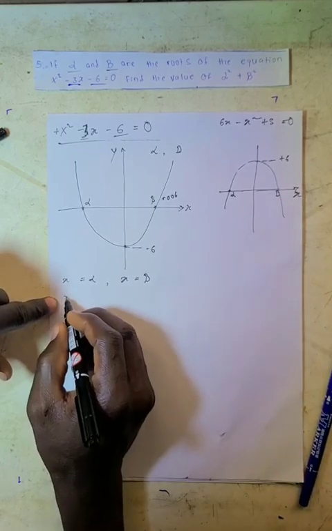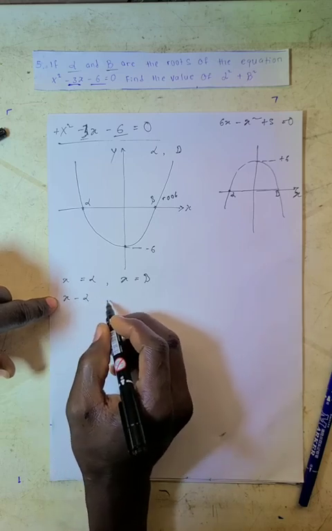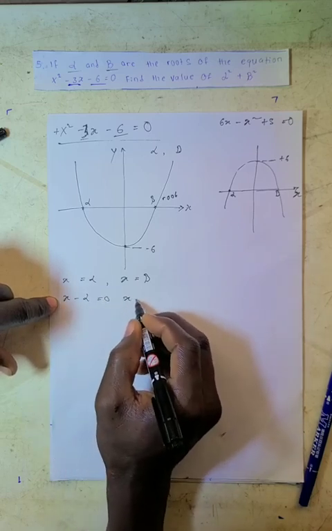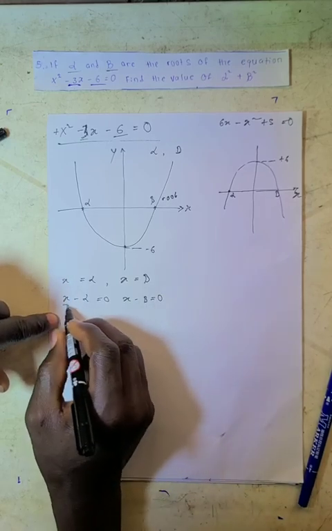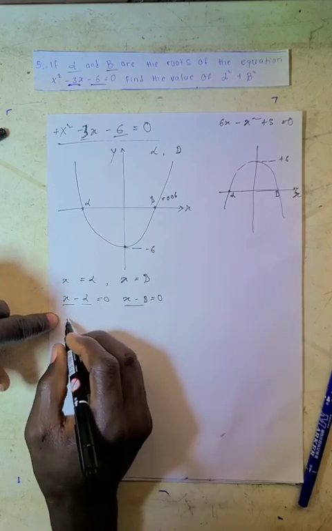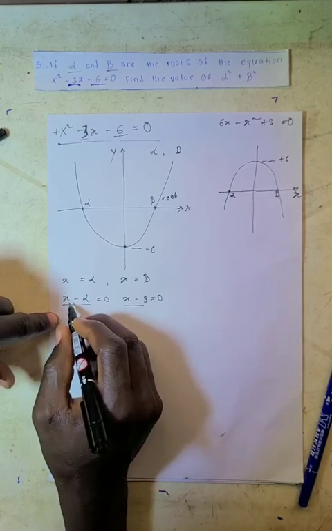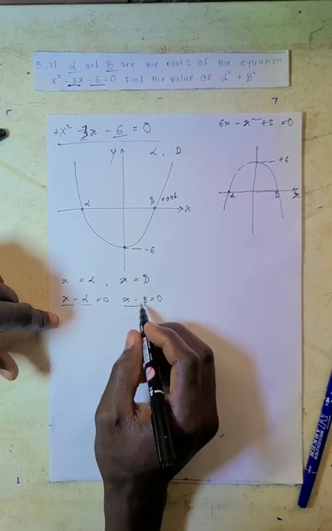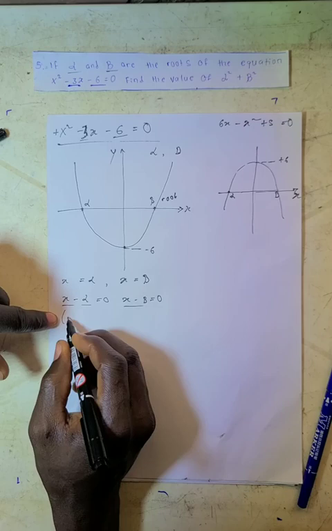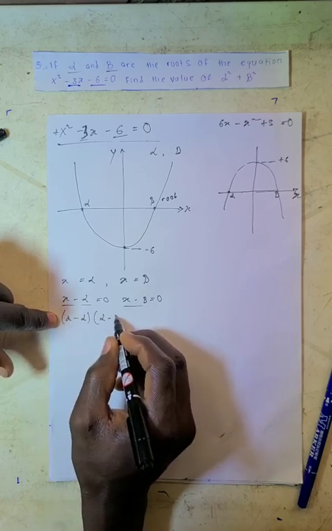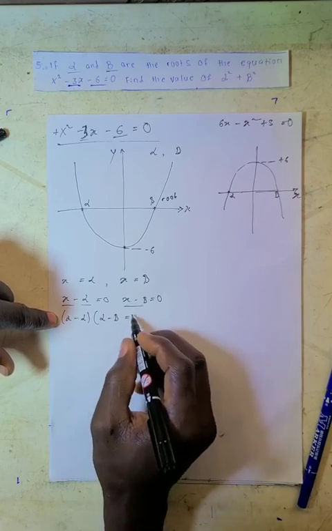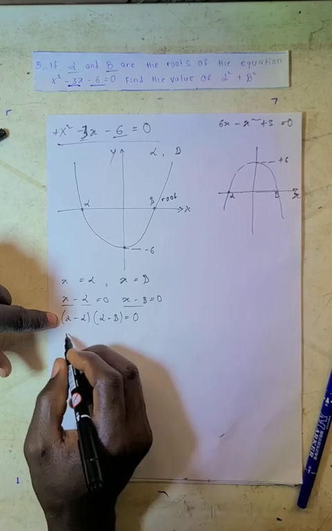Now we can say that x minus alpha is equal to 0, or x minus beta is equal to 0. This is equal to 0 and this is equal to 0. It means the product of x minus alpha and x minus beta will still give us 0. So we can say that x minus alpha times x minus beta is equal to still 0.